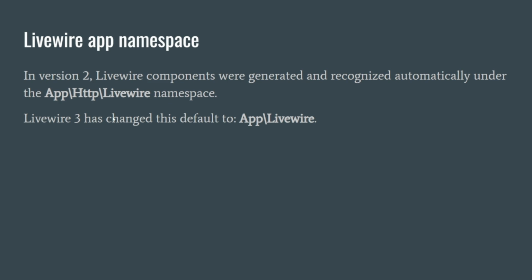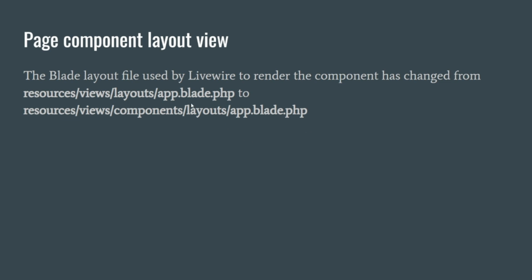from the application. The other change that occurred in version 3 is the namespacing for the Livewire components. In version 2, the components were stored under app/Http/Livewire, whereas in version 3, the default has been changed to app/Livewire. The other thing that changed is the location for the layout file.